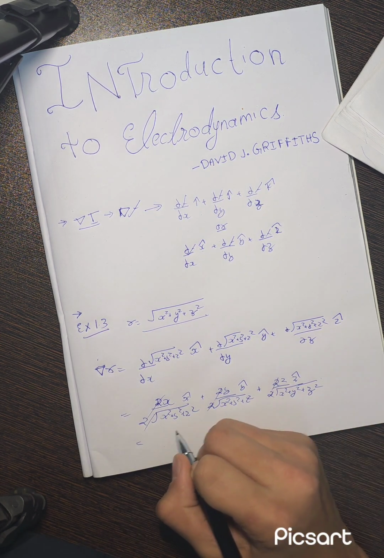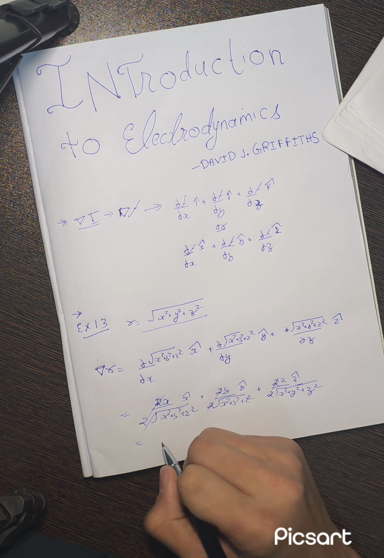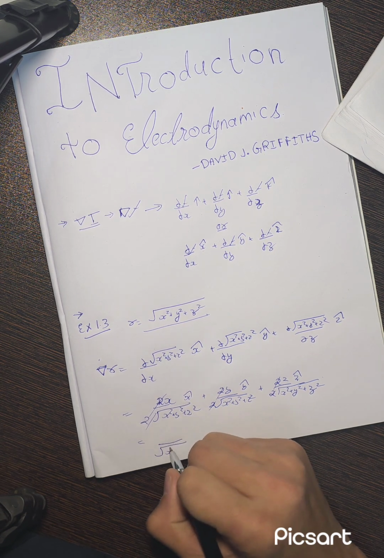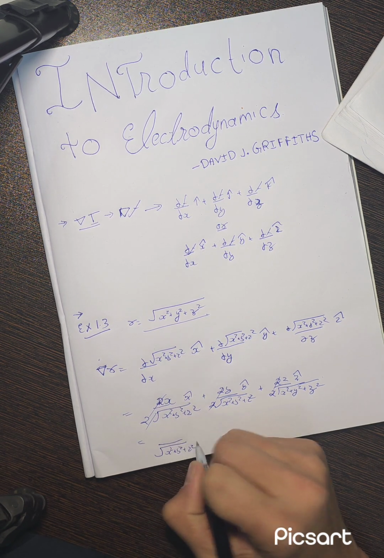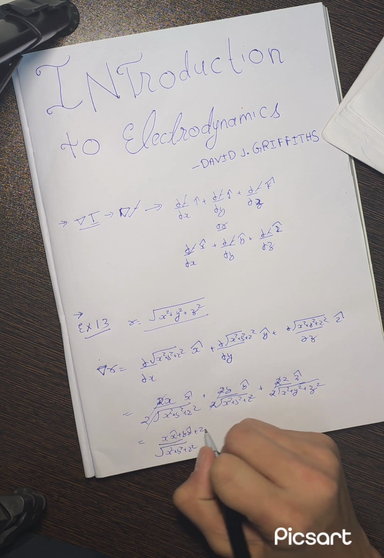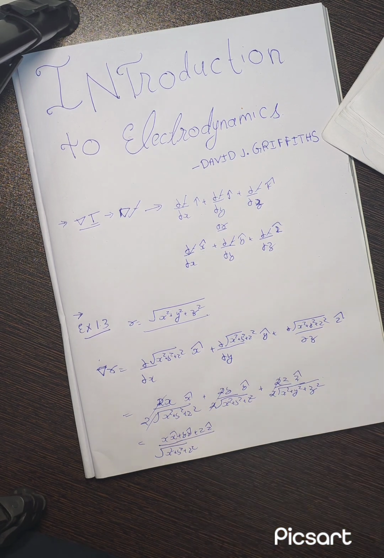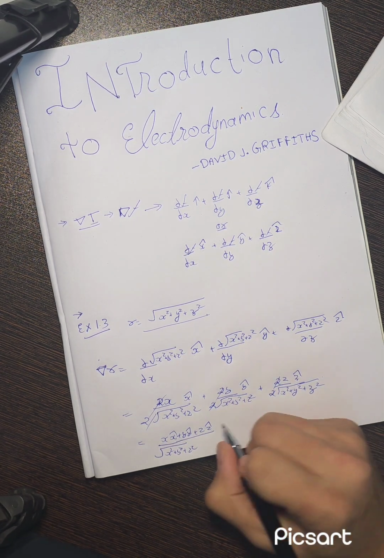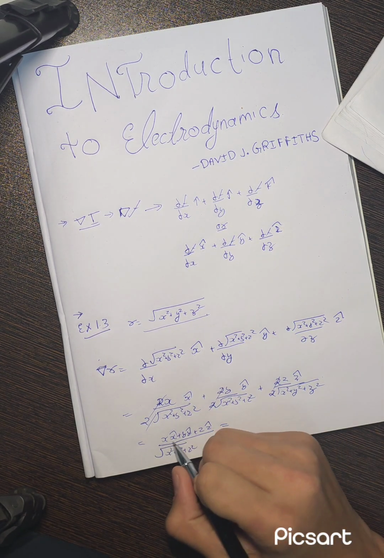It is very obvious. The 2 gets cancelled, and the majority of the things just pull out and are common. So we get x x cap plus y y cap plus z z cap over root of x square plus y square plus z square. By noticing it, we can write it as the above thing.